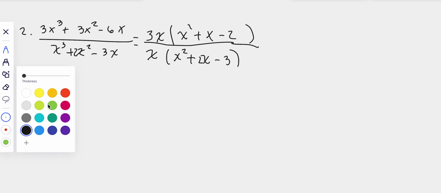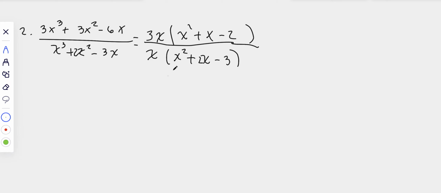Okay, let me use different colors. I'm going to factor this using the x method. So let me work on that first. And again, what I'm trying to do is see if there are any factors that can cancel each other out. So I have -2 here, +1.